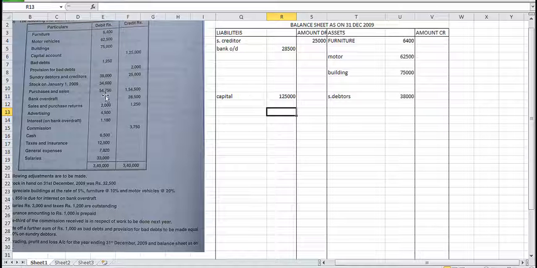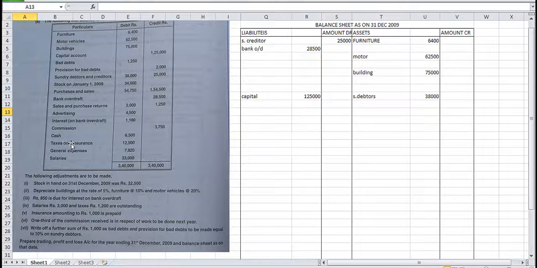Now after bank overdraft, you have to tick every entry which has the adjustment. After bank overdraft, sales and purchase we have, returns we have taken, advertising also, interest on bank overdraft is given in the column, means in the trial balance. This will only have one effect, that is in P&L only.